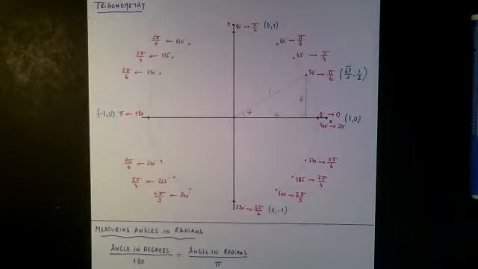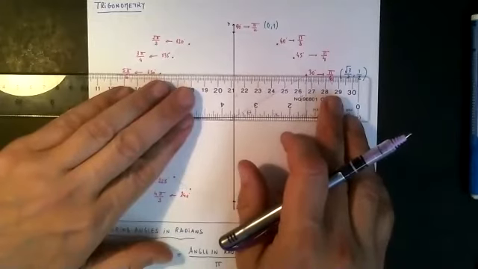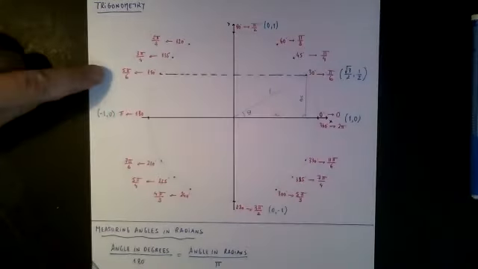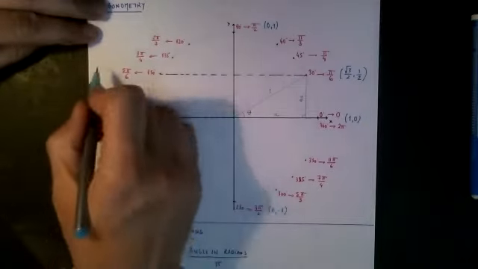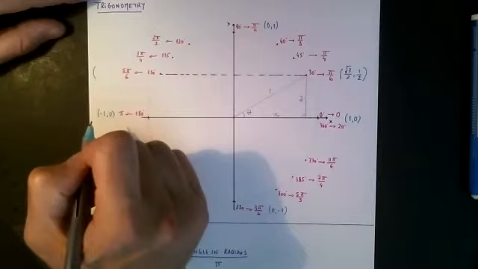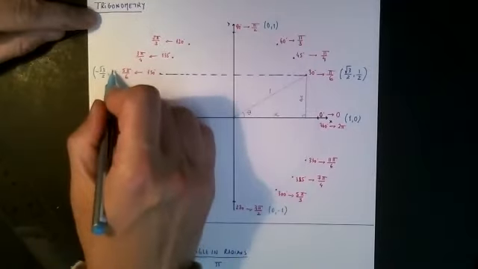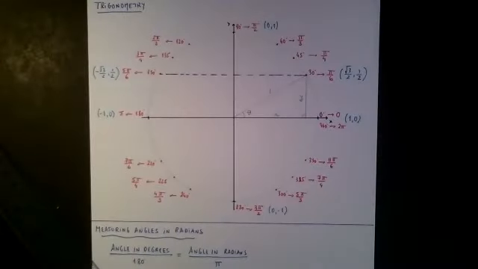Get it? And given this point, I could find this one here now. Tell me, for 150, what's it going to be? Minus √3/2 and 1/2. You get it?